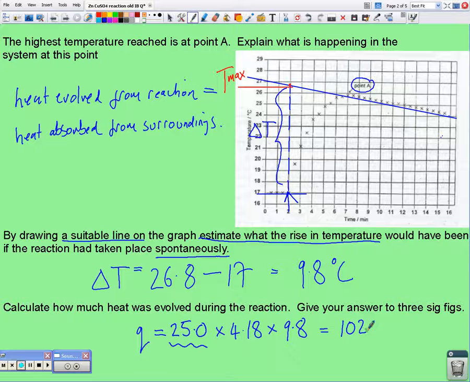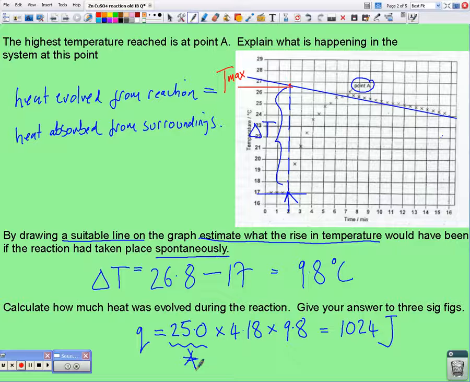about 1024 joules. Now here, please remember that I've made a couple of fairly sizable assumptions. I've assumed that this volume of copper sulfate has got the same density of water, so I've used the fact that 25.0 cc's of water has a mass of 25.0 grams.